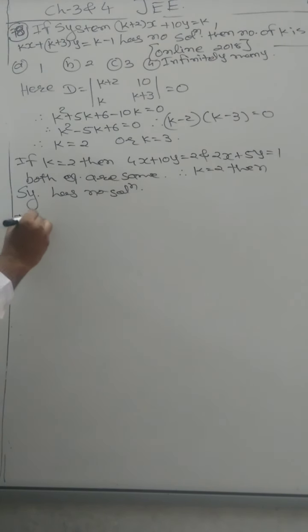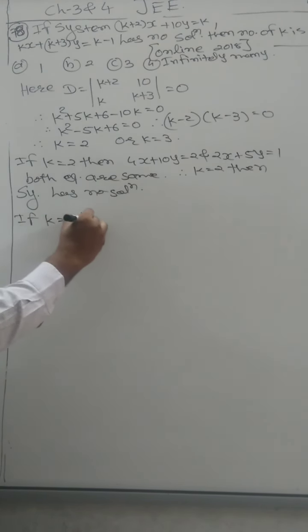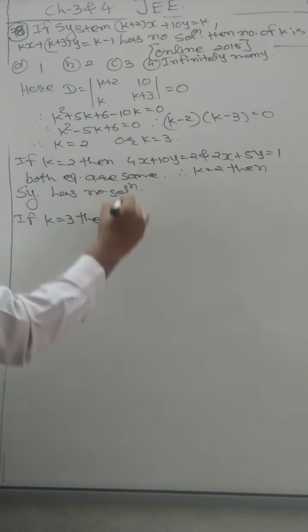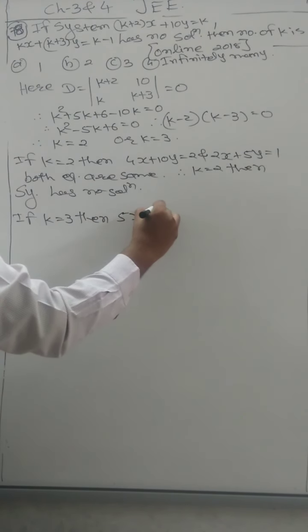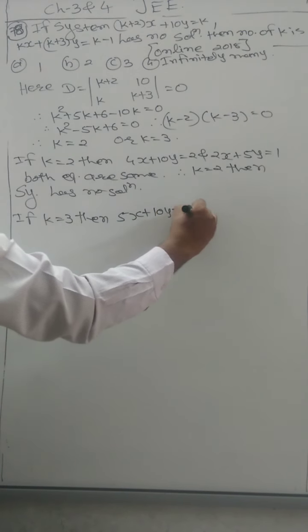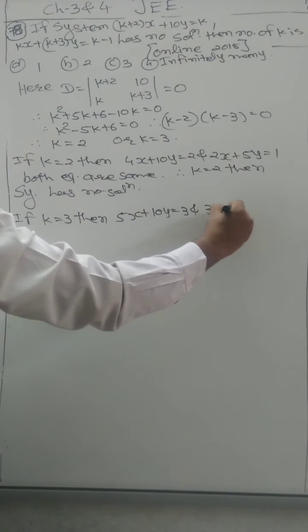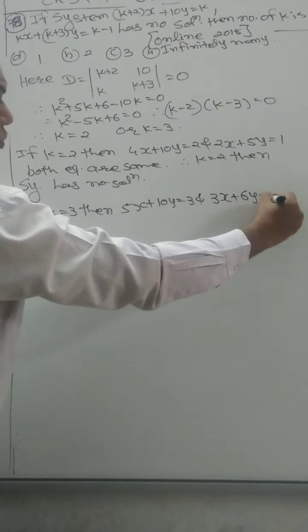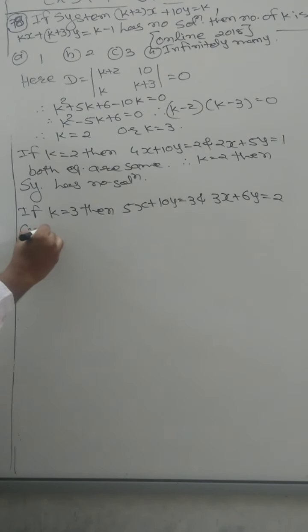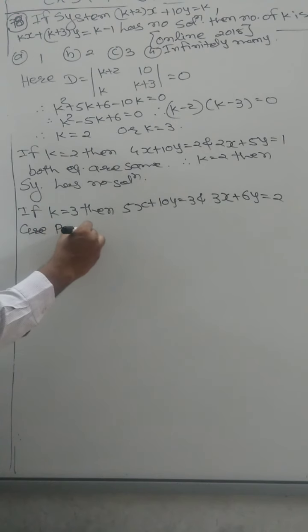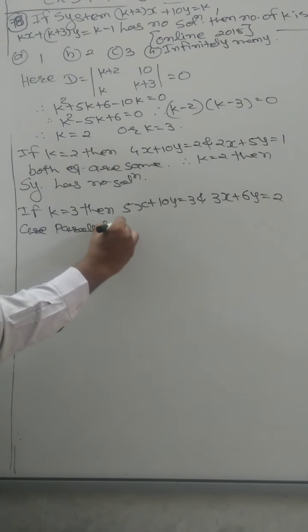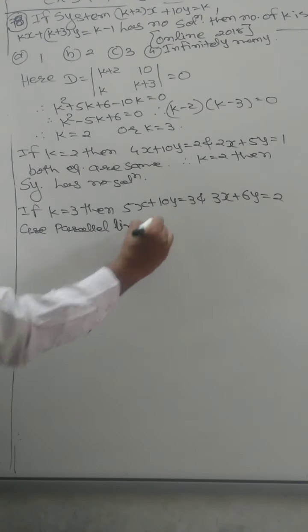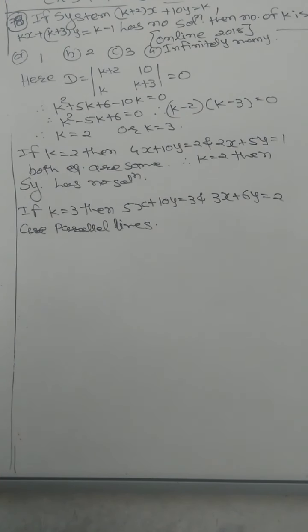If k equal to 3, then 5x plus 10y equal to 3 and 3x plus 6y equal to 2 are parallel lines, and parallel lines have no solution.